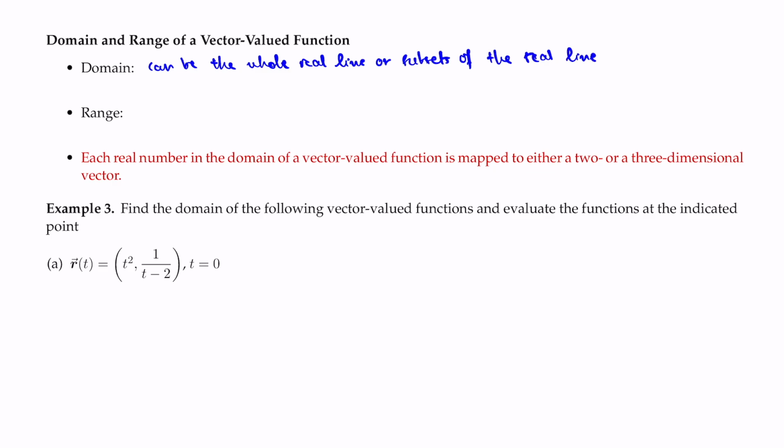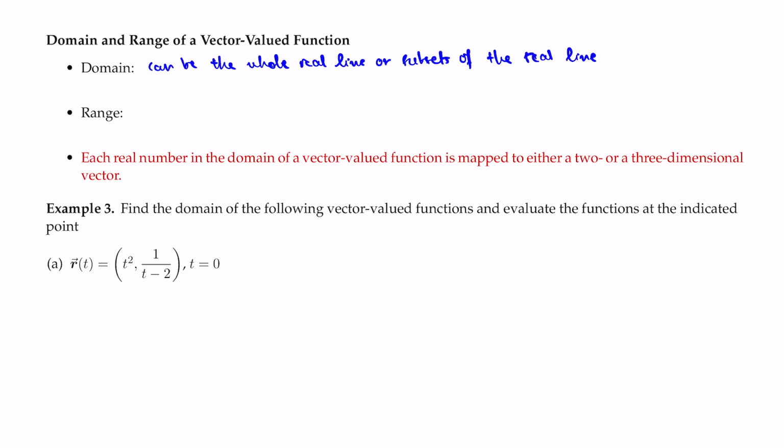Remember, you have r of t equal to x of t, y of t, and z of t, or f of t, g of t, and h of t. So the component functions depend on the parameter t. The parameter t can vary between negative infinity to positive infinity, that is the whole real line, or it's just a subset of the real line.